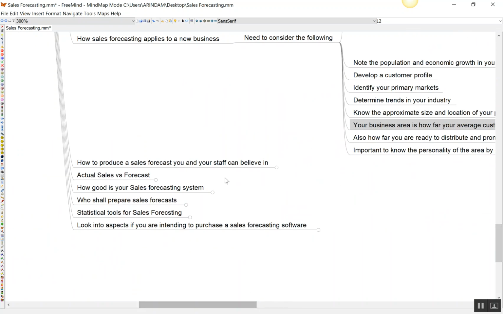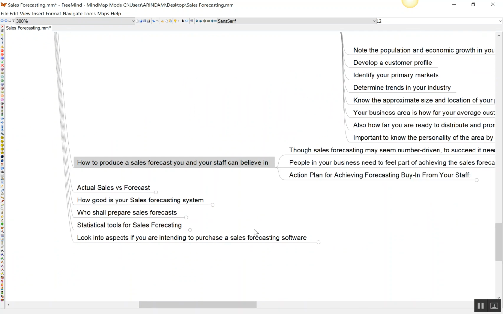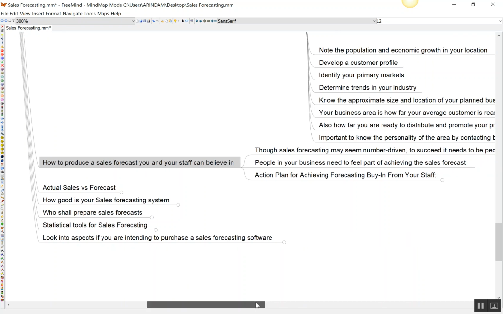Now, how to produce a sales forecast? Suppose you are an employer, or you may be an employee who is entrusted with the responsibility of creating a sales forecast. It's very important that you take everyone across the board into consideration, right?